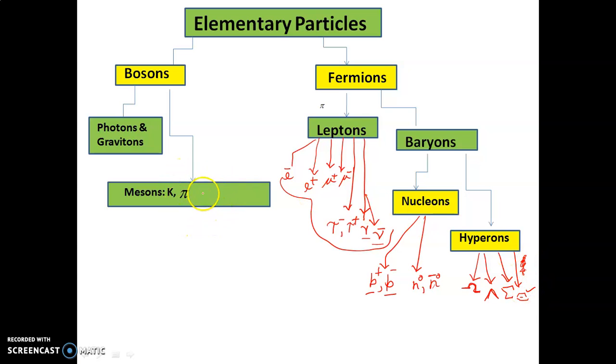And on this side we all know what photons and gravitons are, and then we have the particles which are the pions. This is the pi plus, the pi minus, and the pi neutral. Then we have the kaons.